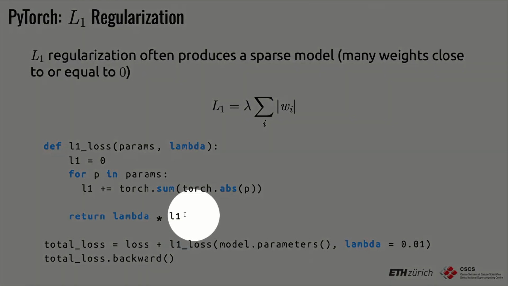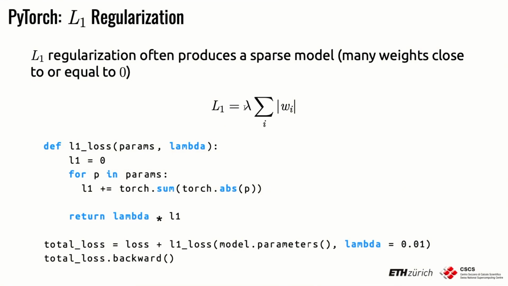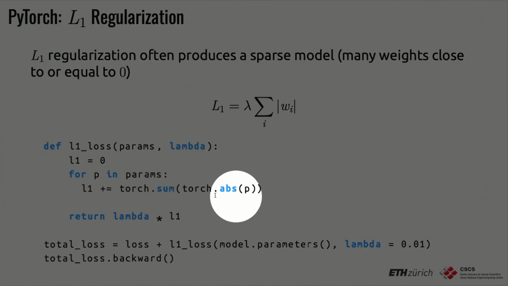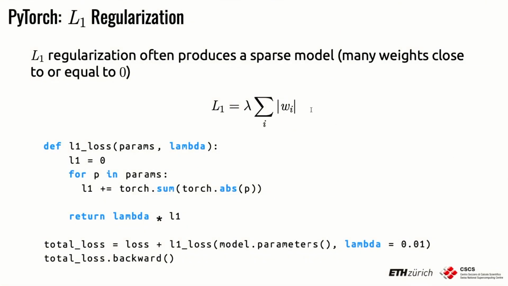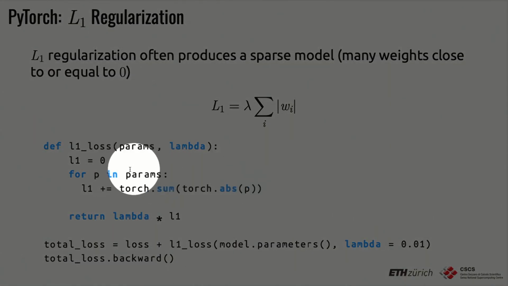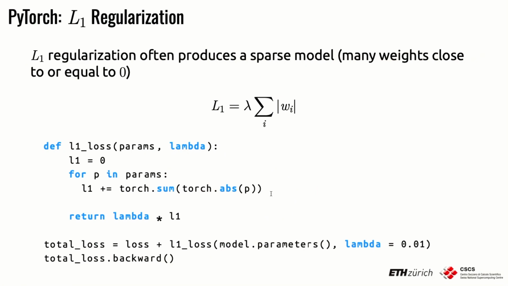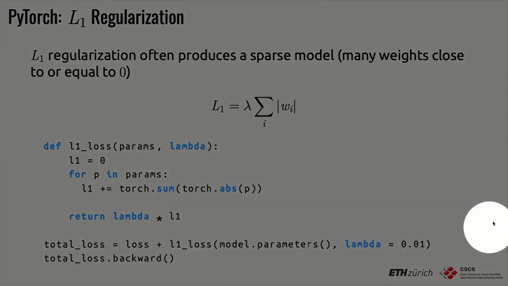Essentially, you can define an L1 loss function that takes the parameters and the lambda parameter here, which is a hyperparameter of your model. You decide how strongly you want this loss to be. And then you can loop over the parameters of the model and compute the absolute value with torch.abs, and then sum all of them.